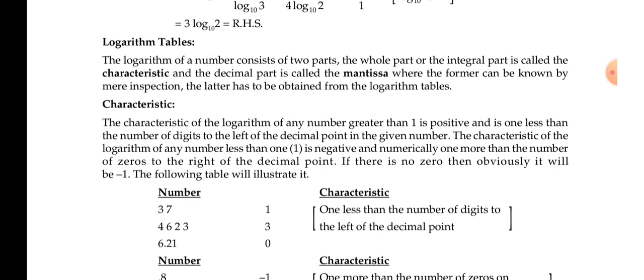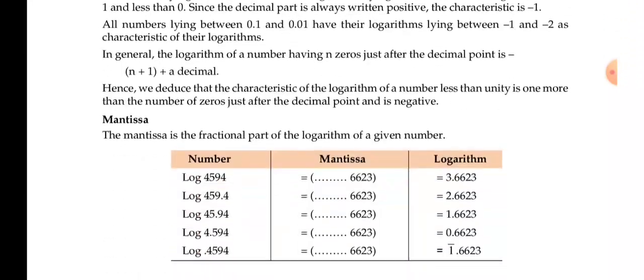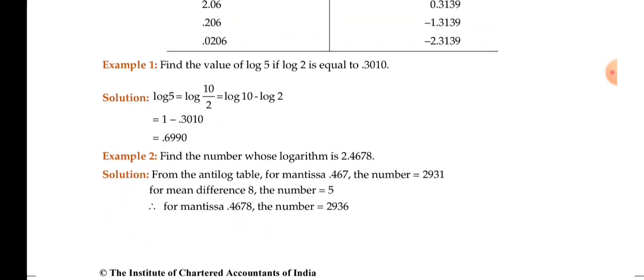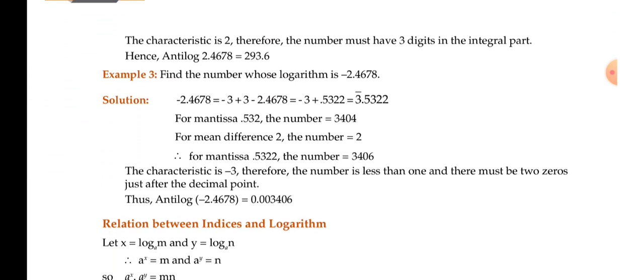Now these log tables, characteristics and mantissa are not very important, okay, because I have already taught you the shortcut trick that will be enough for solving problems in the exam.